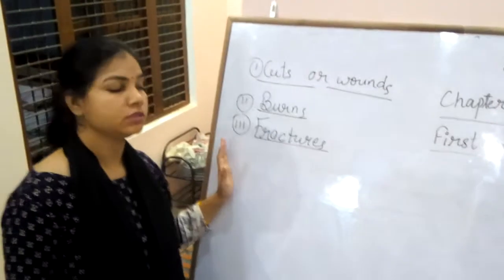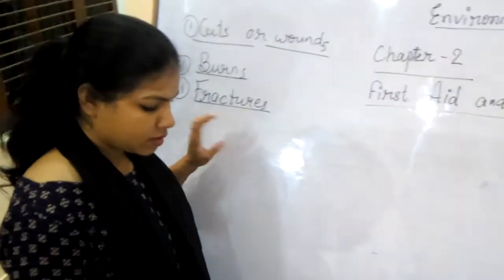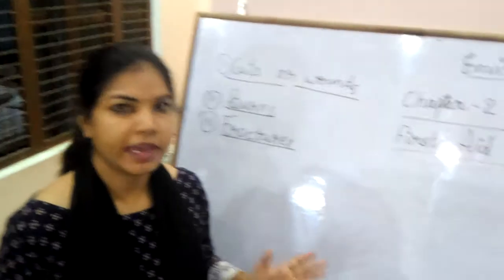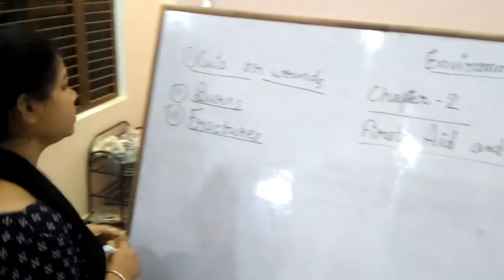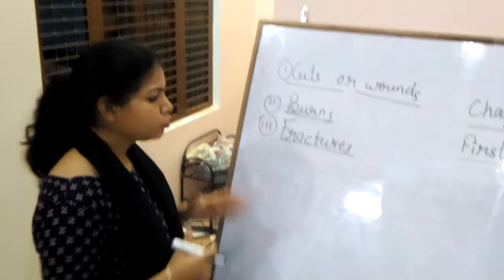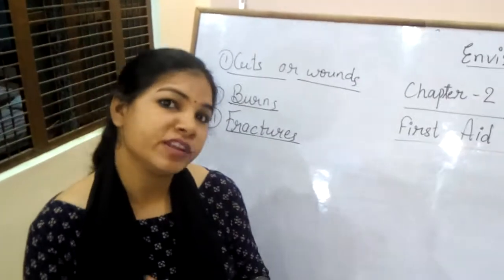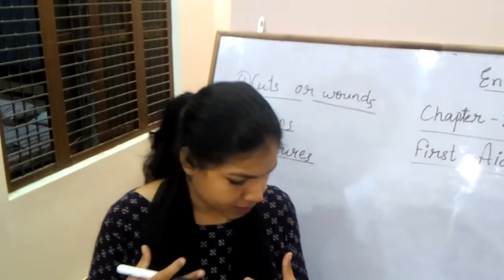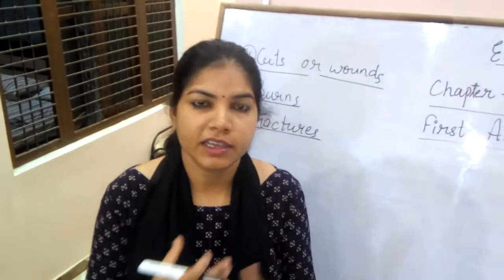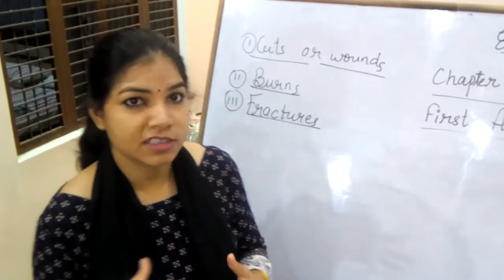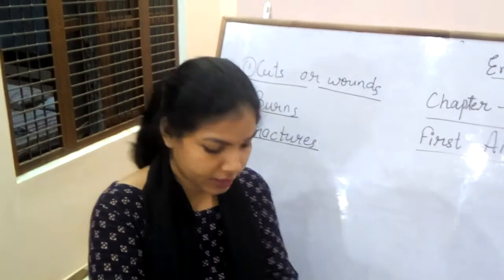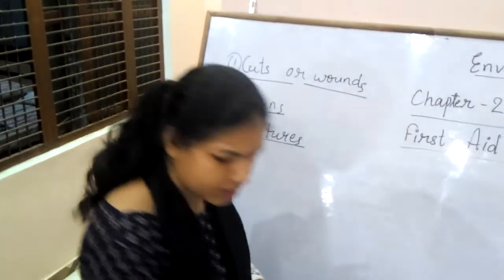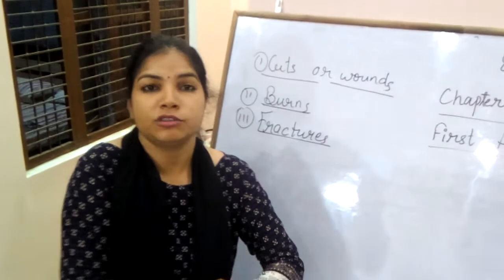Now let's talk about fractures. Any crack or break in a bone is called a fracture. So what kind of medical help will you provide to that person? If the person got a fracture in his hand, the injured part should not move.